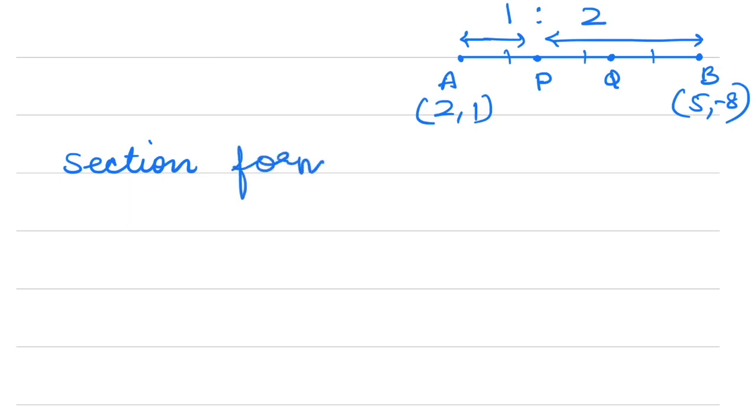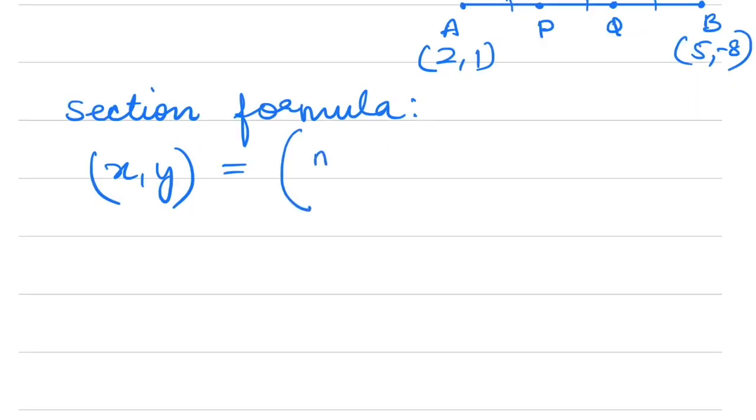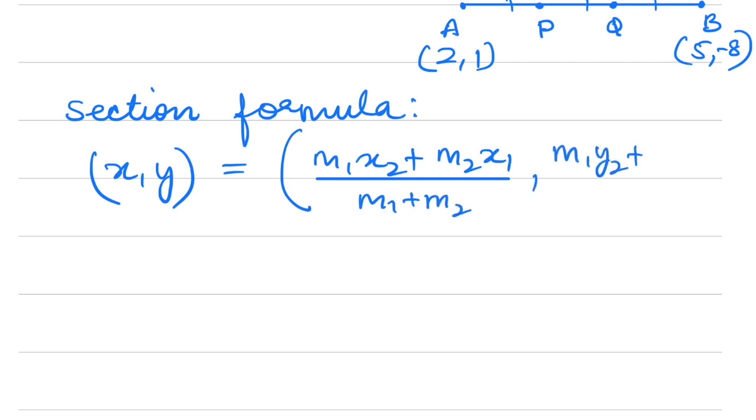Section formula, coordinates of the point which divides the line is equal to m1 x2 plus m2 x1 divided by m1 plus m2, and the y coordinate will be m1 y2 plus m2 y1 divided by m1 plus m2.